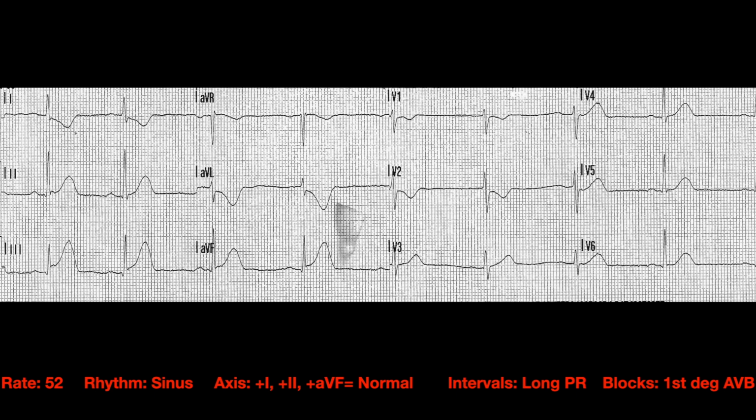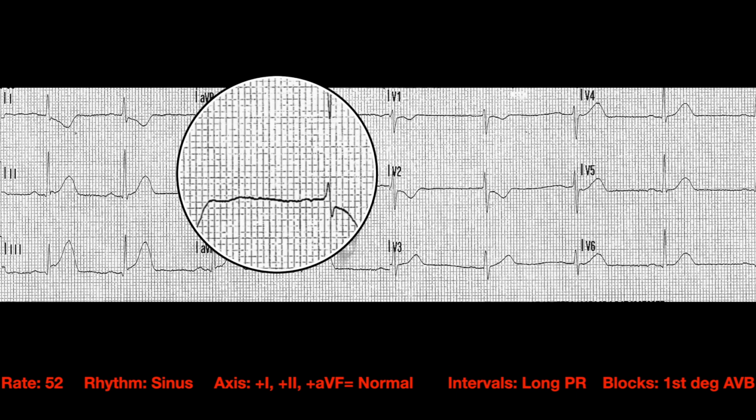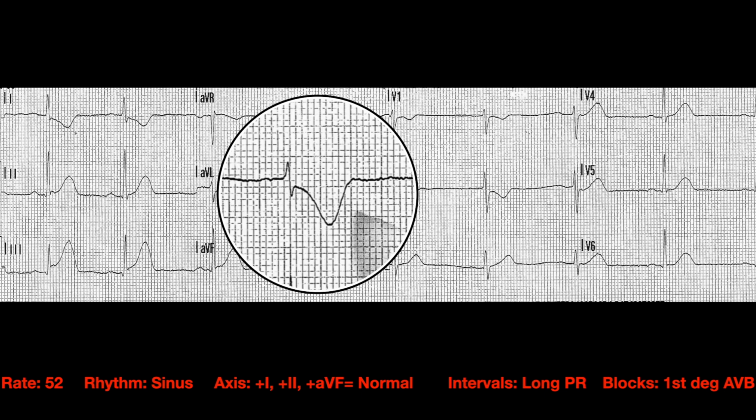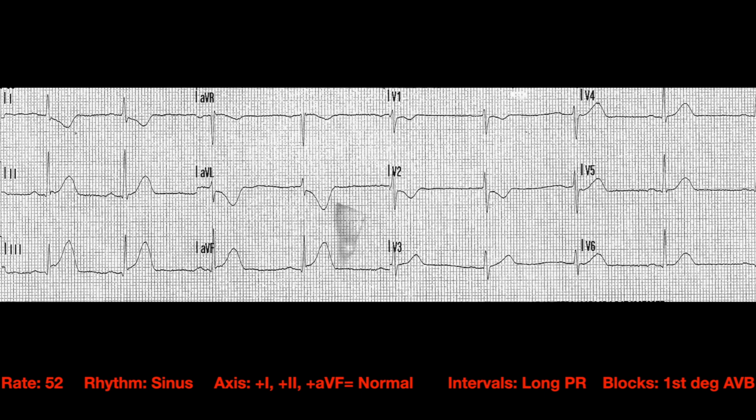So instead of ST elevation as a sign of injury, you get ST depression, which is what I think we're seeing here in these leads and in AVL. So it looks like reciprocal changes. This makes sense for an inferior STEMI, and that's what I'm going to call it. Inferior STEMI is what I'd be concerned about in terms of that infarction.